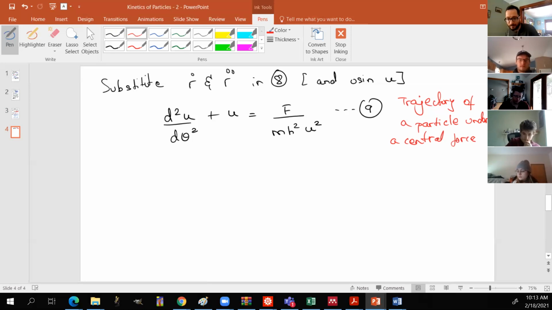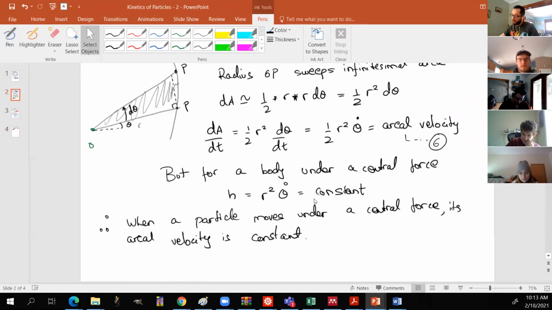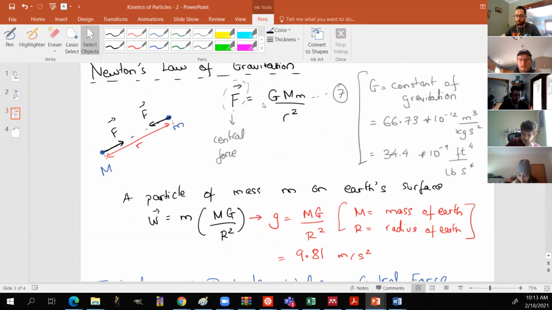Hyperbolas and parabolas, all of that is described using this differential equation. So how does that tie in? If you look at space mechanics, all you're doing is going back to Newton's law of gravitation and replacing that for your force.